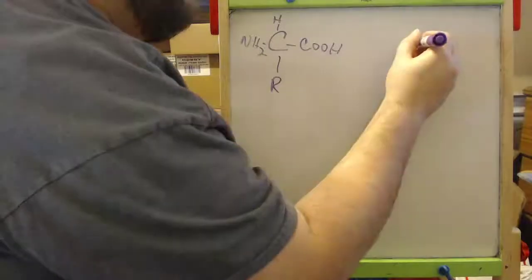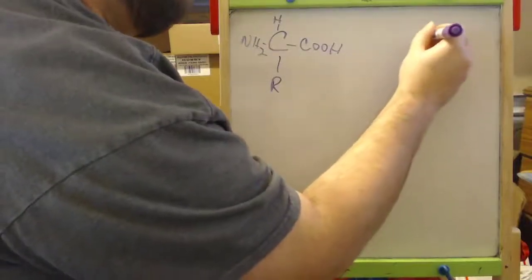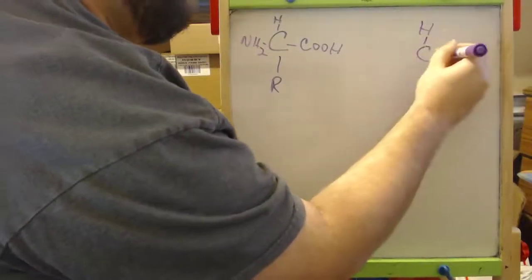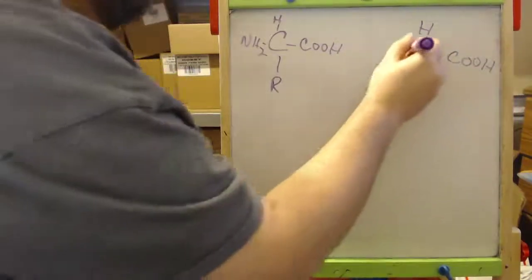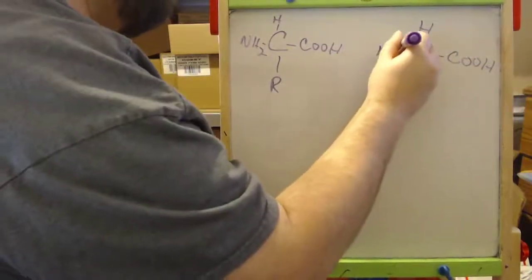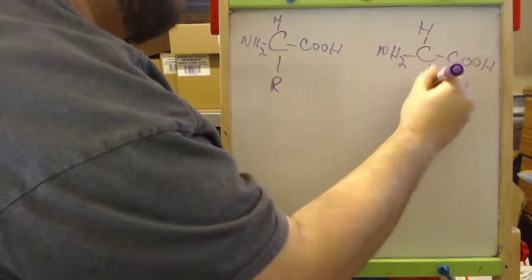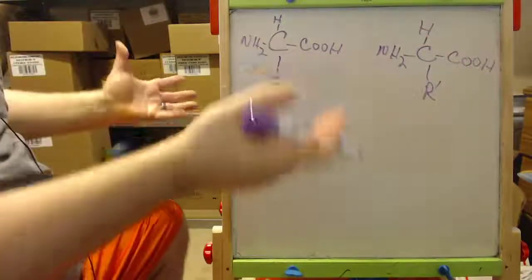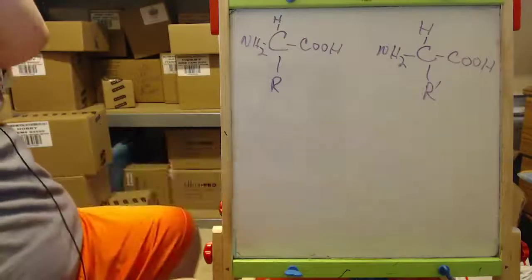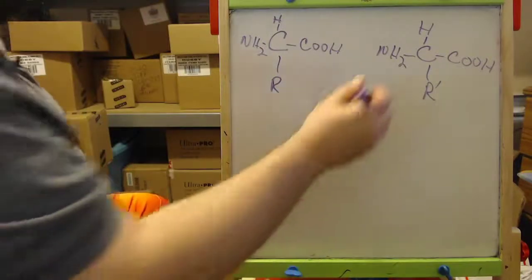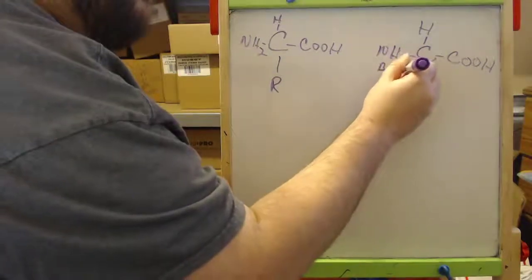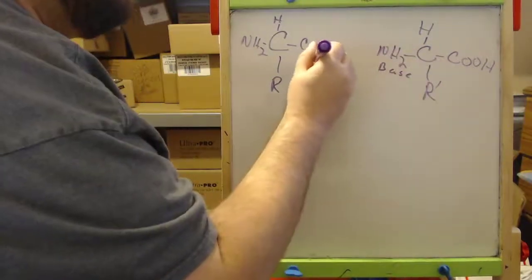We have another amino acid that's hanging out over here. Like so. With another side chain. It could be the same side chain, it could be different. Now, when they interact with one another, you have a base end here, you have an acidic end over here.